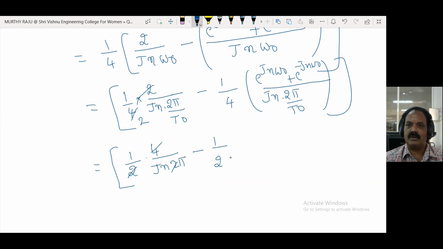1 by 4 is written as 1 by 2 into 1 by 2. Here 1 by 2 into e power j n omega naught plus e power minus j n omega naught by, here one more 2 is there.